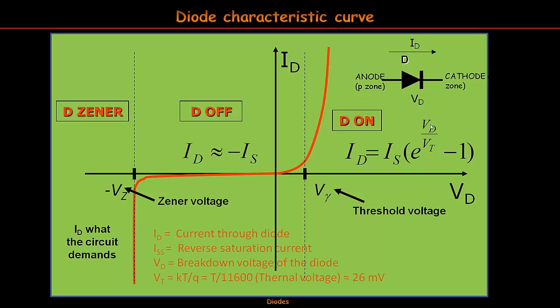The exponent has the voltage in the numerator and the thermal voltage in the denominator. That depends on the Boltzmann constant, temperature and electron charge. Thermal voltage is around 25 millivolts at room temperature.